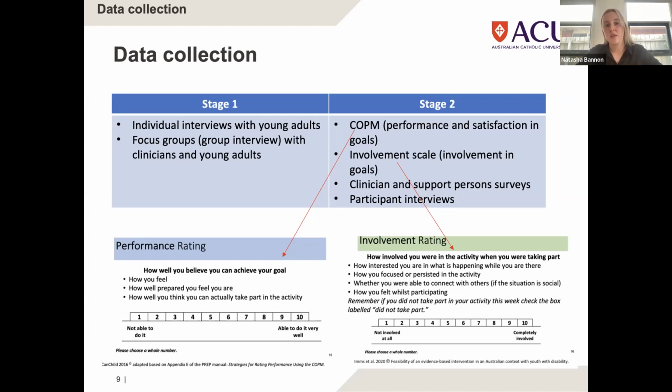Both of these interviews and surveys work to form our qualitative, or worded, results, which we'll also talk to in a little bit. And within both of these stages, the interviews and focus group participants were asked questions related to if they thought PrEP was acceptable and applicable in an Australian context and for young adults.